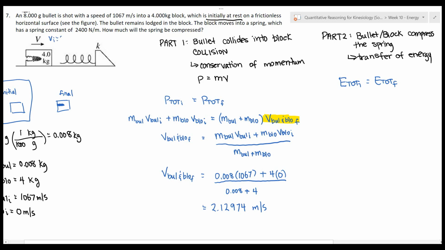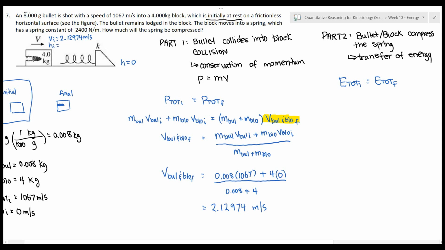V initial is 2.12974 meters per second. Okay, the height. We're going to say the reference height is the position that they're in initially and final. So there is no height at all. So we're saying the height is equal to 0, both initially and final, because there's no change in height in the question.